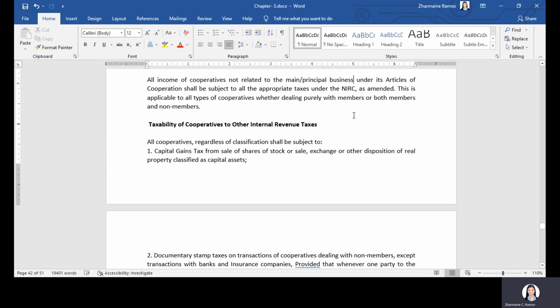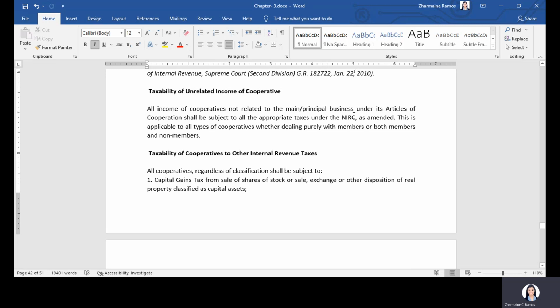Taxability of unrelated income of cooperatives. So, all income of cooperatives na not related dun sa main or principal business under its articles of cooperation shall be subject to an appropriate tax under the NIRC. So, this is applicable to all types of cooperatives, whether dealing purely with members or both members and non-members.